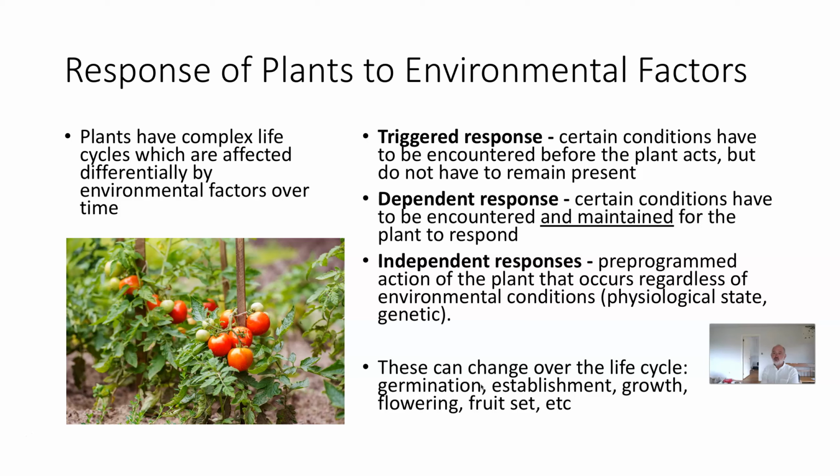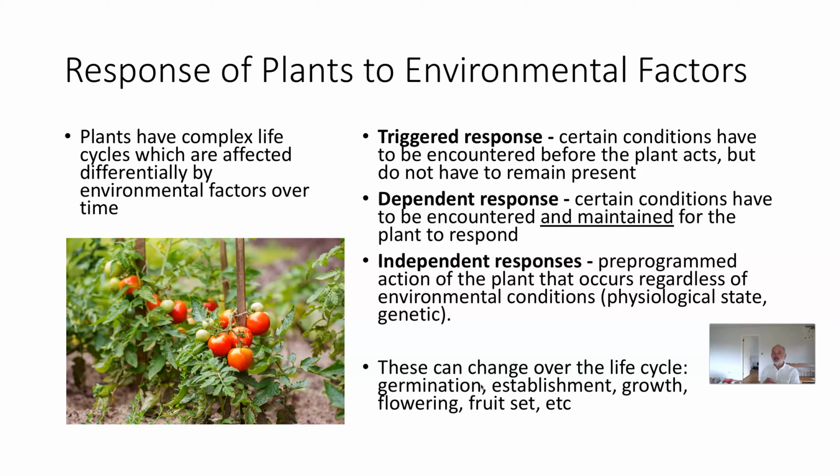If they go through a drought stress or a water stress period, they can't recover from it. Their growth essentially gets stopped, and you can't just put more water in and expect them to grow back. If they wilt and die back too hard or get too affected by drought, they are essentially stunted for the remainder of their period. So they have to encounter that water, and it has to be maintained for the plant to continue.